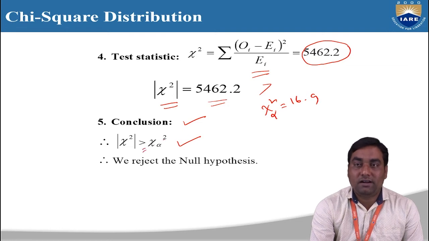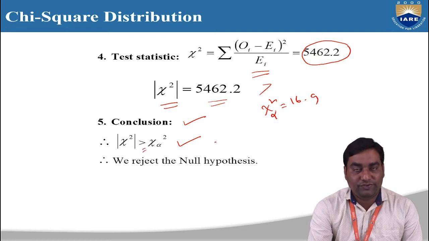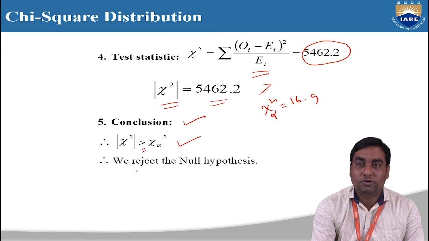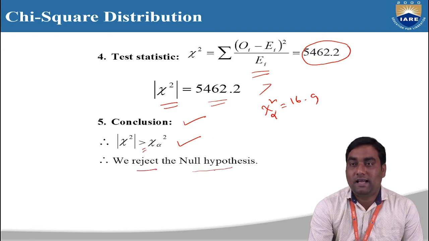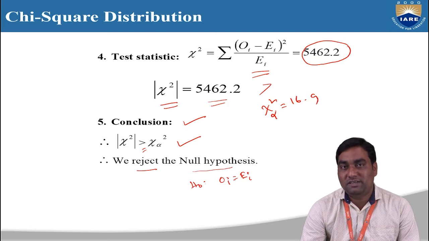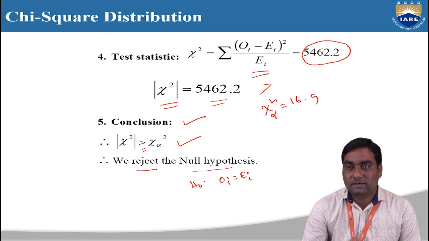According to the procedure of test of hypothesis, if we get the greater value, we are going to reject the null hypothesis. Actually, what is the null hypothesis? Oi equal to Ei. That means there is no difference between the observed and expected frequencies.